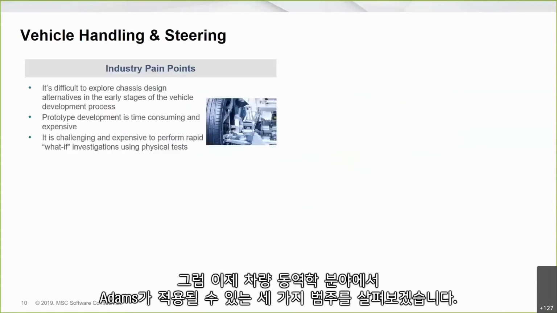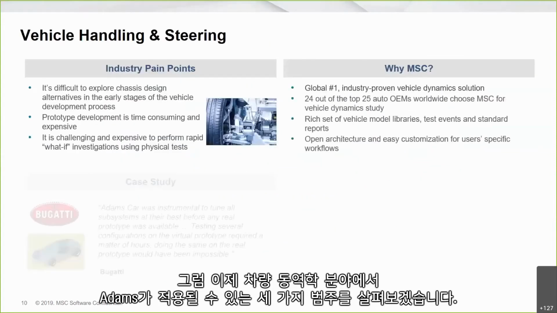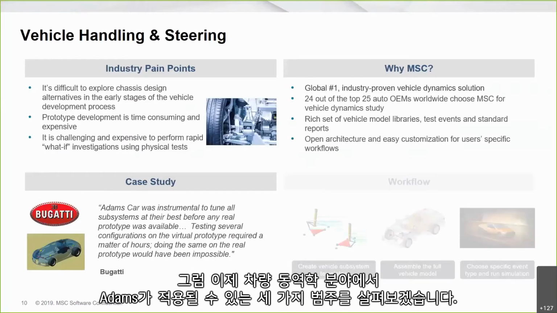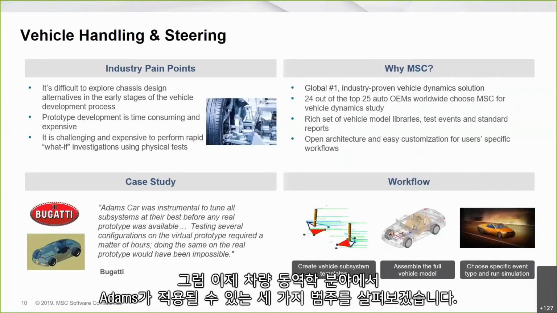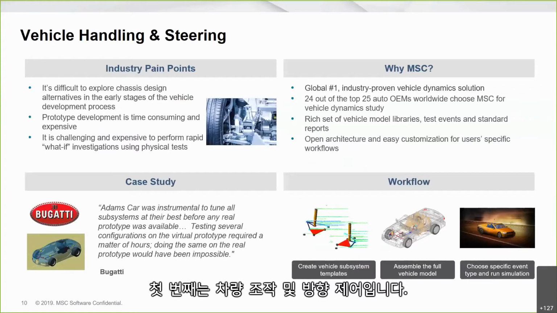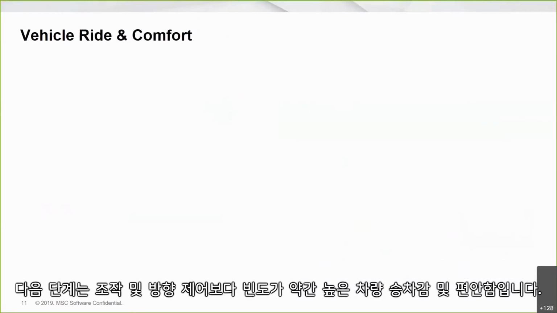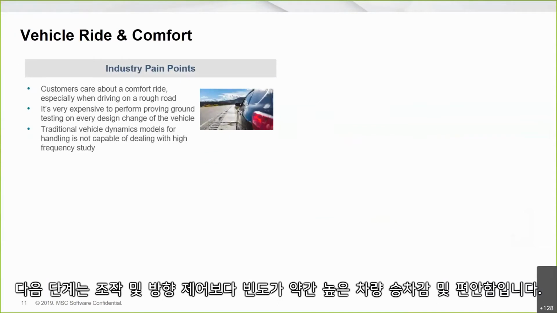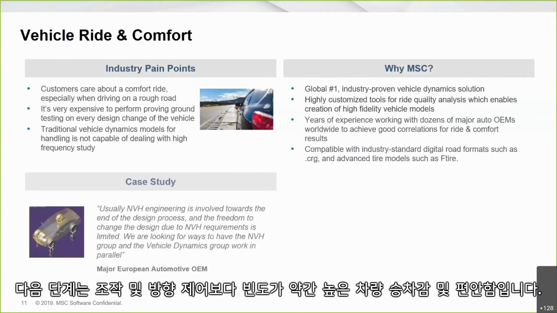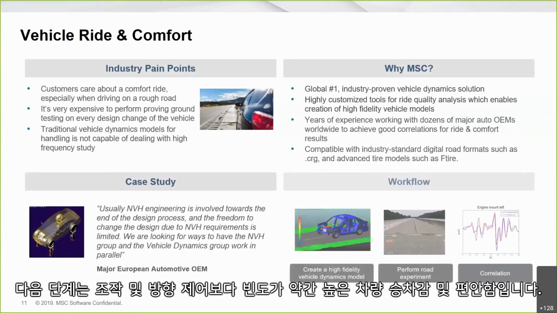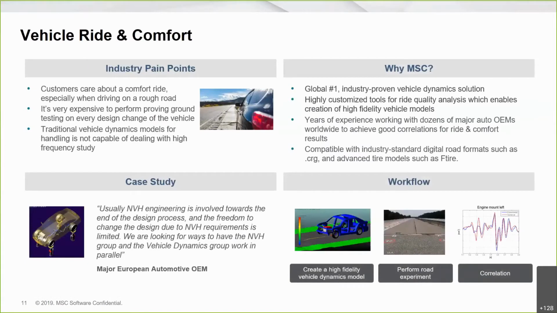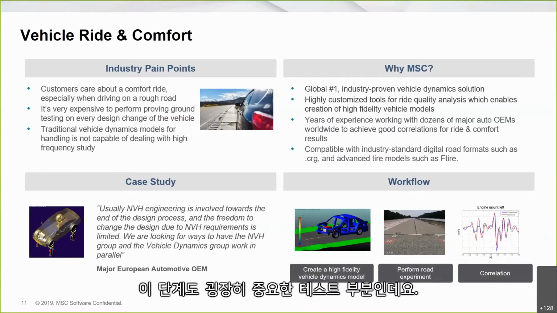Typically in the vehicle dynamics area, there are three different categories that Adams can be applied to. First is vehicle handling and steering, which is relatively in the lower frequency range. The next level is vehicle ride and comfort, which is a bit higher frequency than vehicle handling and steering, but is still considered a very important task.